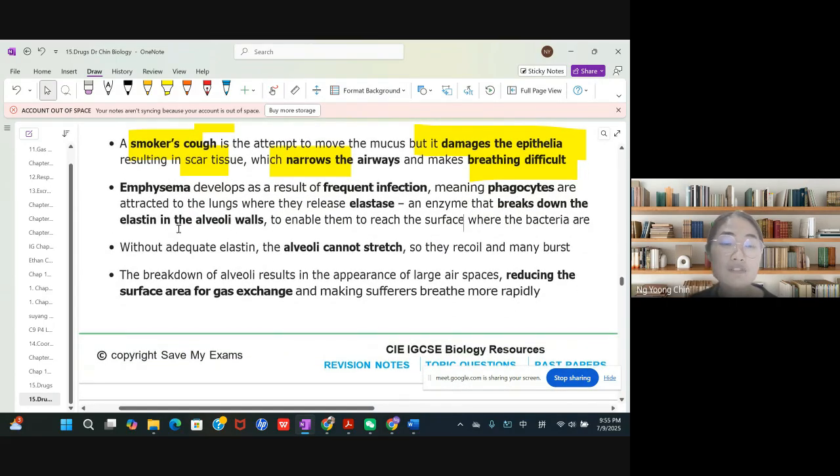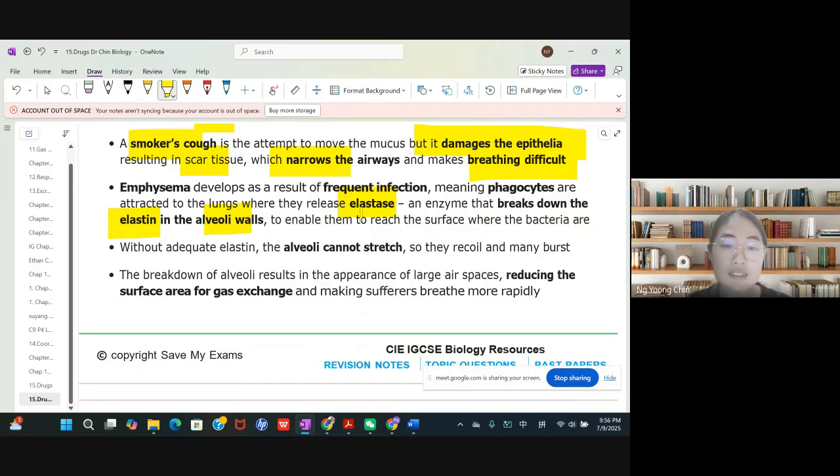And then how about emphysema? Emphysema is a result of frequent infections, meaning that phagocytes are attracted to the lungs and release elastase. What does elastase mean? Elastase is a kind of enzyme that will break down the elastic fibers, the elastin, in the alveolus wall. You also remember that the alveolus wall is very thin and very elastic, just like a balloon. Just imagine the alveolus like a balloon.